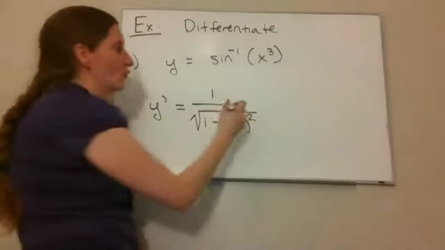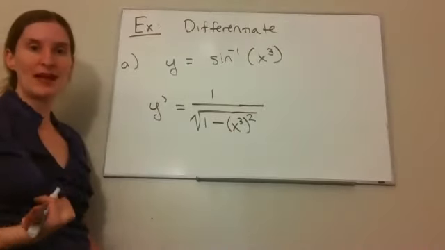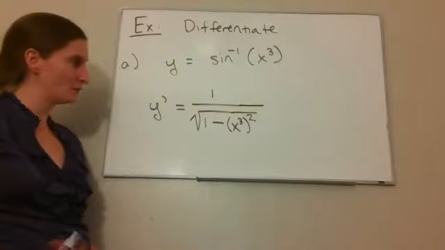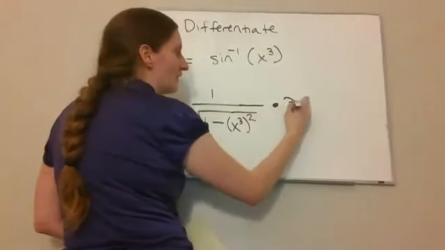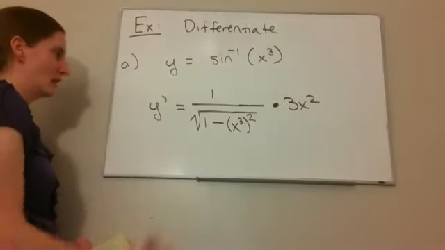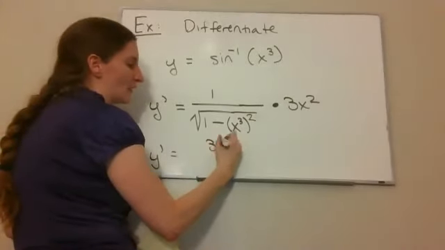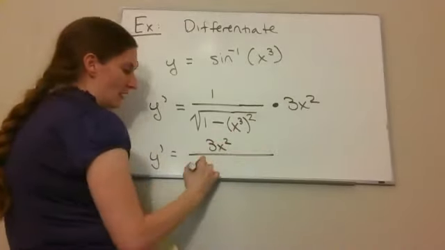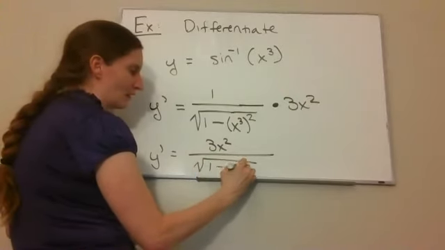That is just the formula for the derivative of an inverse sine, but I replaced my x with an x to the third. Then I have to multiply by the derivative of the inside function, which is a 3x squared. So simplifying just a little bit, I'll have 3x squared on the top, and in this square root, I have 1 minus x to the 6th.